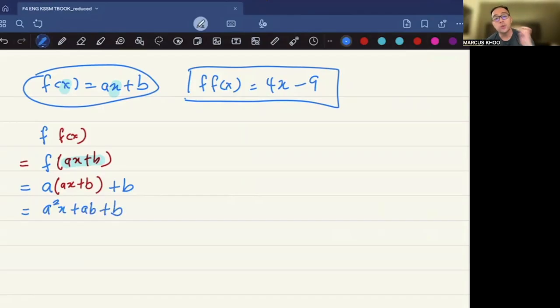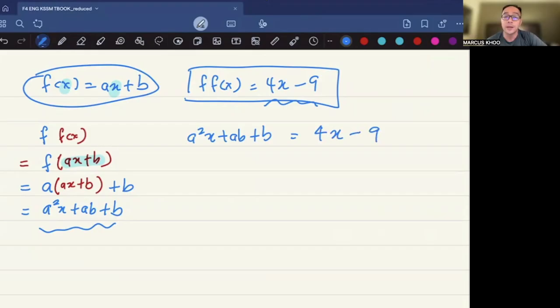Now you have on one hand an ff(x) that is fully in terms of a and b, and on the other hand you have the finished ff(x). Since both are ff(x), we can say that a squared x plus ab plus b equals 4x minus 9.